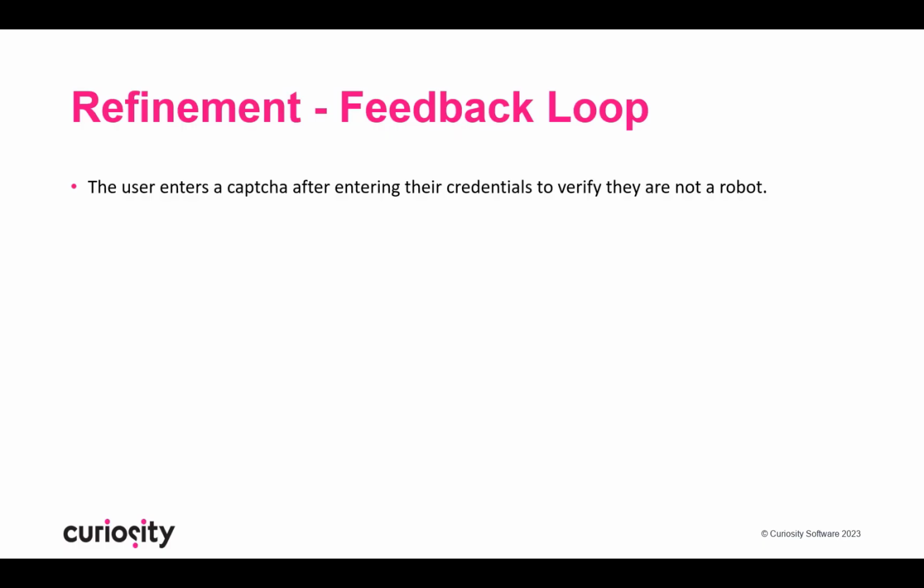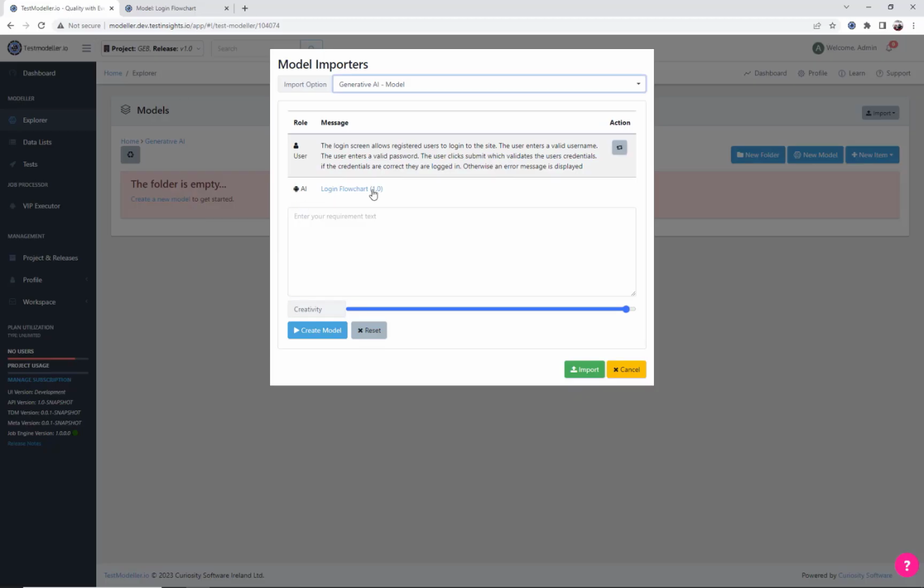Now let's add an additional step into our model and refine it using a feedback loop. One of the things we can do is use this as a chat environment, and we can post enhancements and different feedback to the AI to edit our model. So here we're going to add in our captcha requirement and click create model.